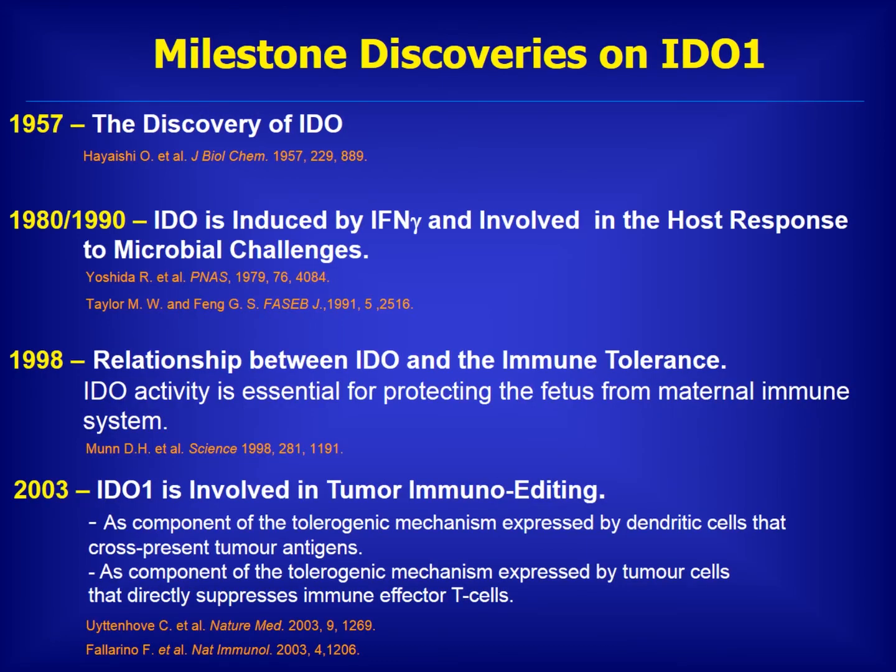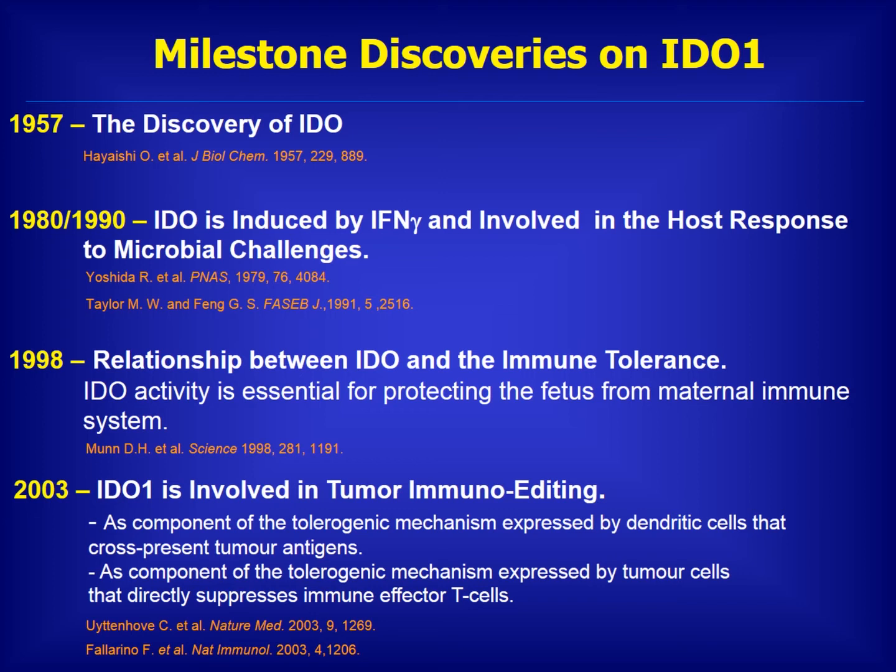From a historical point of view, the discovery of IDO occurred in 1957. Then, in the 80s, it was recognized that IDO is induced by interferon gamma and involved in the host response to microbial challenge. Then, in 1998, there was the breakthrough discovery that IDO is connected to immune tolerance, and its activity is essential for protecting the fetus from the maternal immune system.